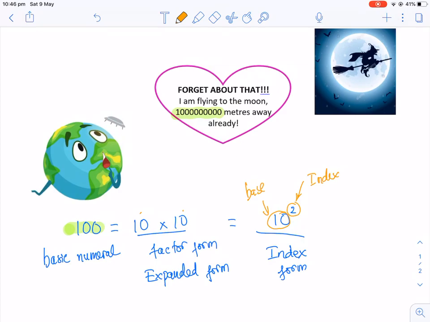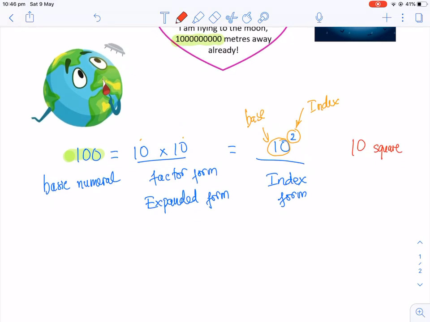And normally we call this one 10 to the power of 2, or 10 square. Okay, that's how you call it. How about 1,000? 1,000 equals 10 times 10 times 10, 10 itself 3 times. And again, this one is the basic numeral.